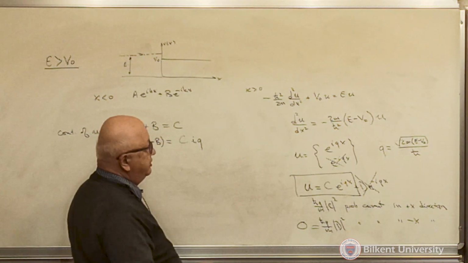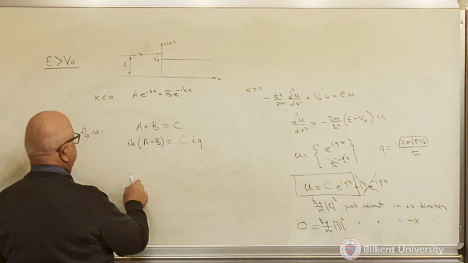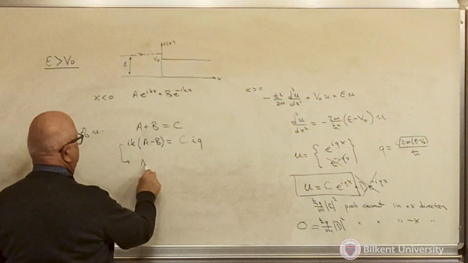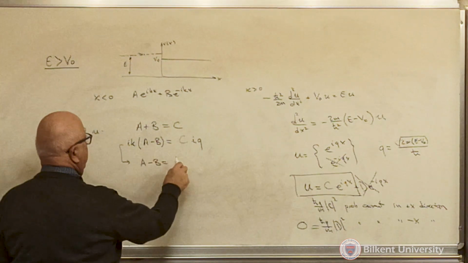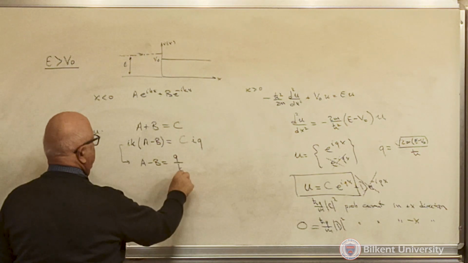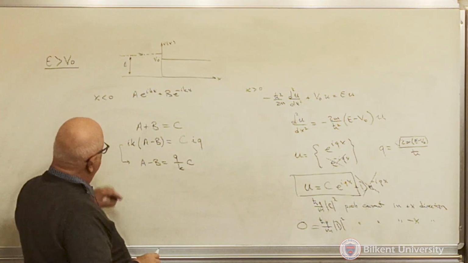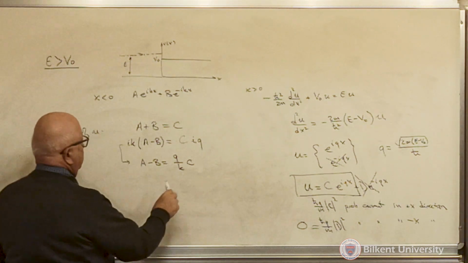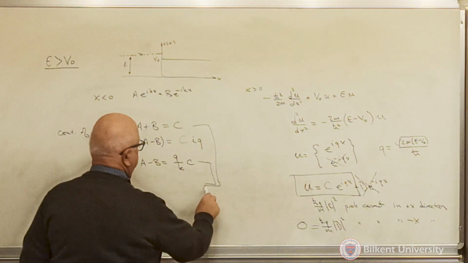So very similar equations, but let's see what that gives us. This second equation I can write as a minus b is equal to, dividing through by ik, q over k times c. So I have a plus b and a minus b equations. That's nice, I can just combine them. I can just add them.